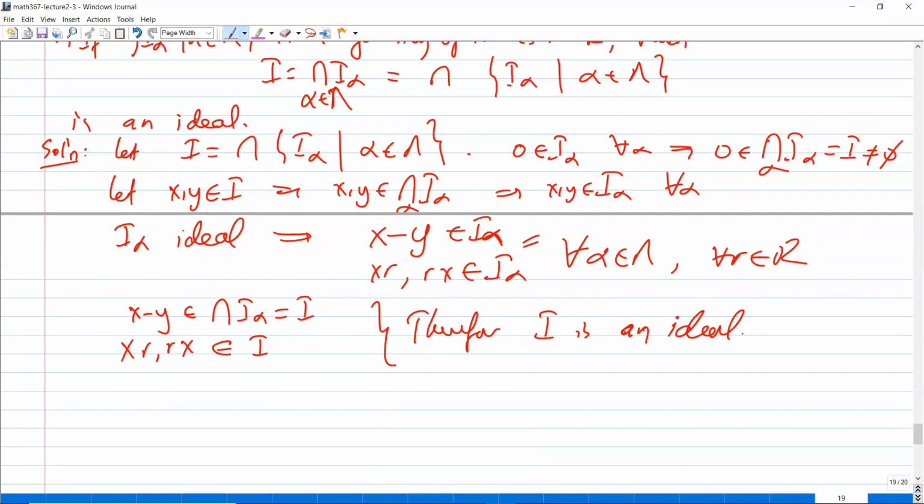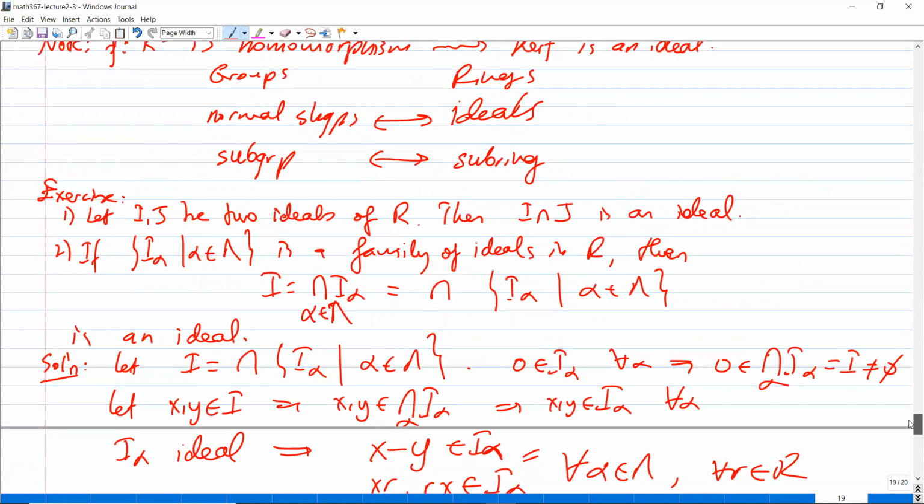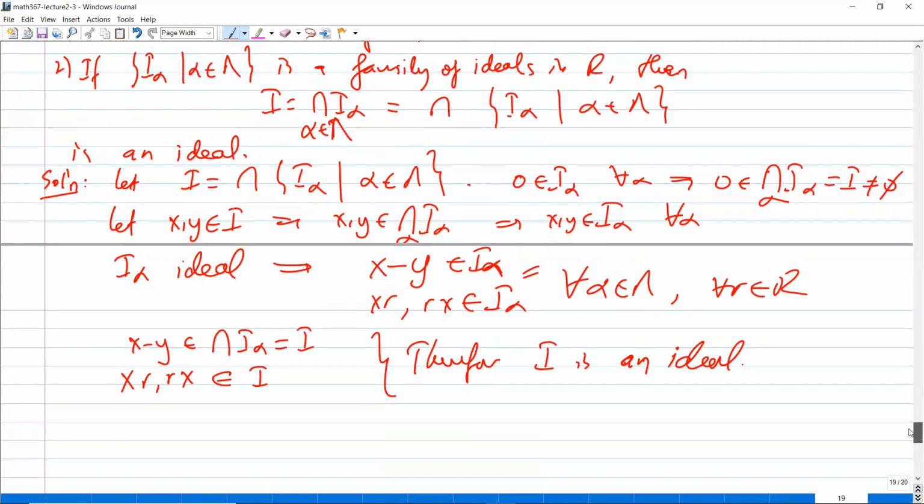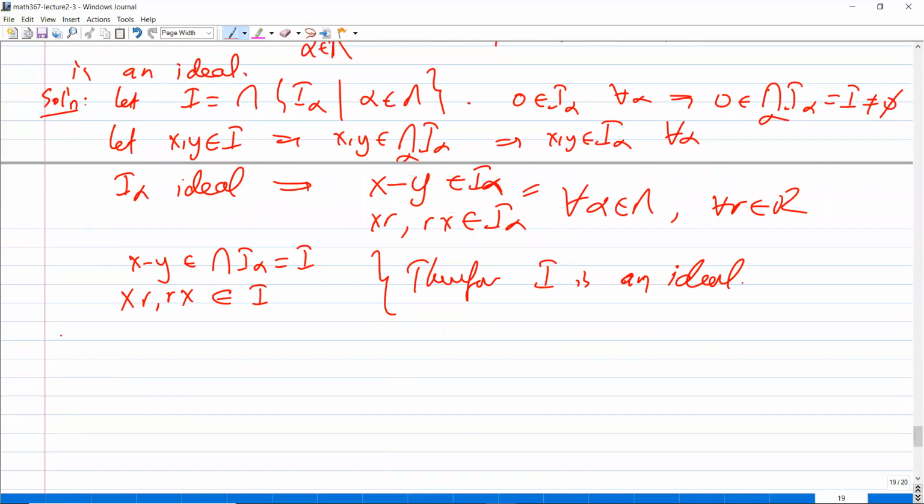So in the first part, in one, we had only two ideals, and in three, in general, finitely many. I union J is not an ideal. And here is an exercise for you.